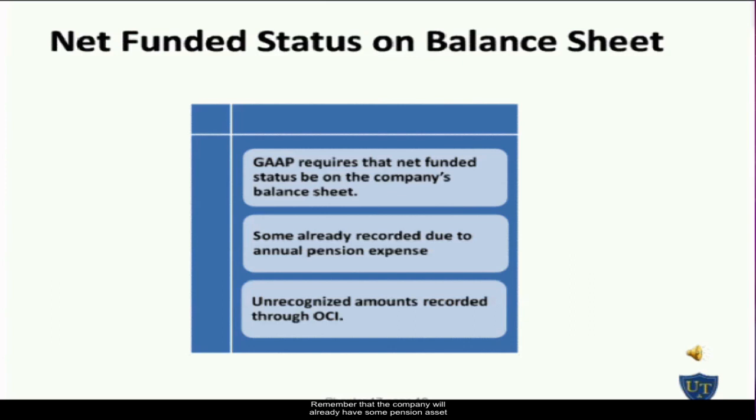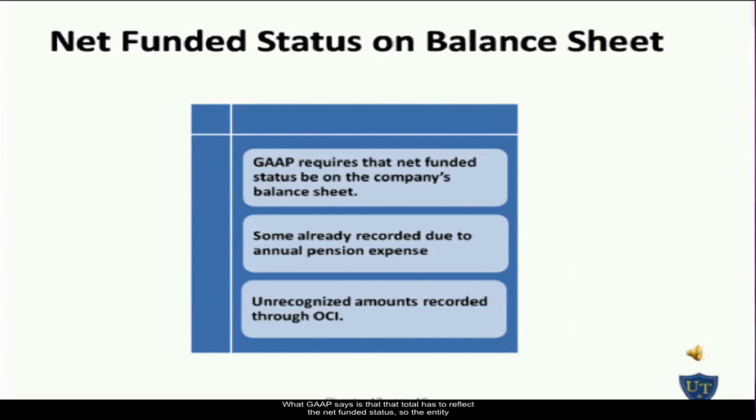Remember that the company will already have some pension asset or liability recorded on its balance sheet. When the entity recorded pension expense, they would have debited pension expense and credited that pension asset or liability, and that account is also used when the company makes an investment of cash or other assets into the pension assets. So some asset or liability already exists on the balance sheet.